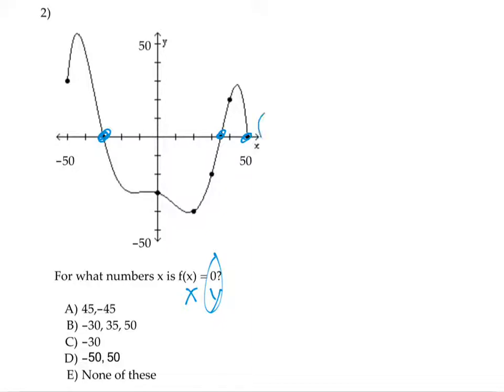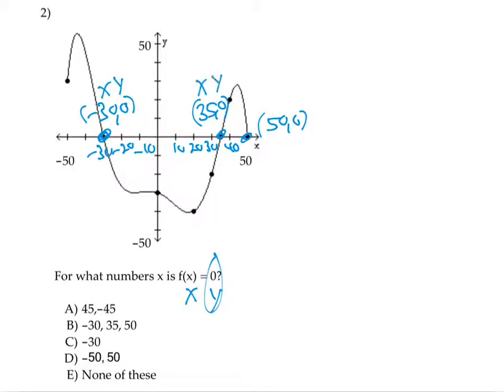This one is 50, 0. What is this one? 10, 20, 30, 40. Looks like 35, 0. And what's this one? Like negative 30, 0, because it's negative 10, negative 20, negative 30. So that's x, y, x, y, x, y.